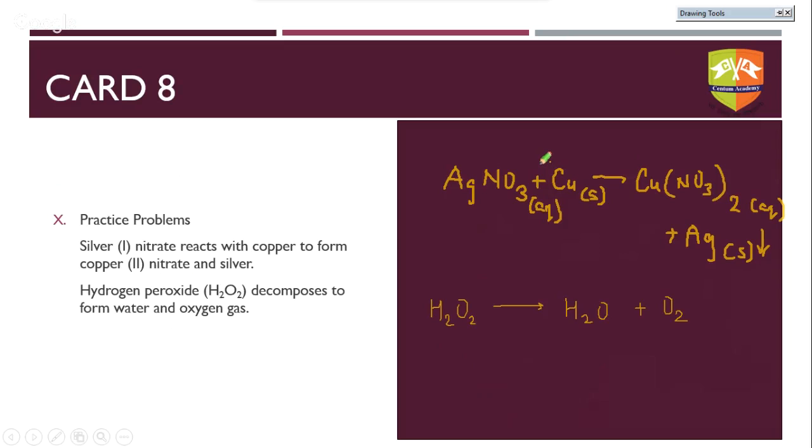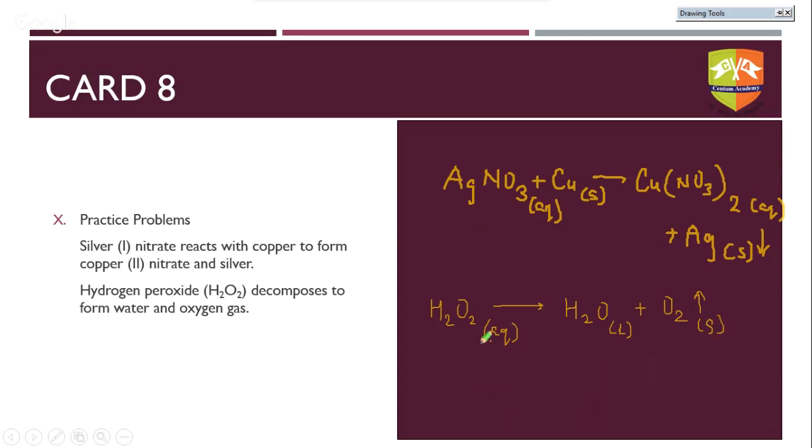I'm holding the balancing for a few more slides, so that we come to understand how we really do that, from either a trial and error basis or some other method. When H2O2 decomposes into water and oxygen, you'll find that H2O2 is an aqueous solution. Water we will write as liquid, because there is nothing like water dissolved in water. And oxygen gas would be evolved, so you write an arrow and you write this in gaseous form.